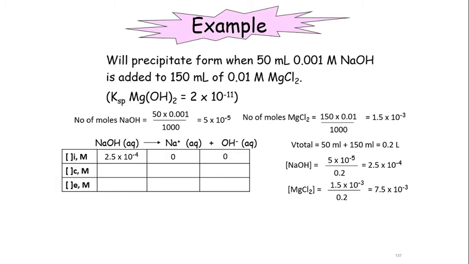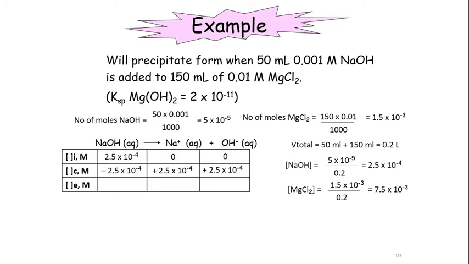Since NaOH fully dissociates, the change is minus 2.5 times 10 to the power of negative 4 for NaOH, plus 2.5 times 10 to the power of negative 4 for Na+ and OH-.